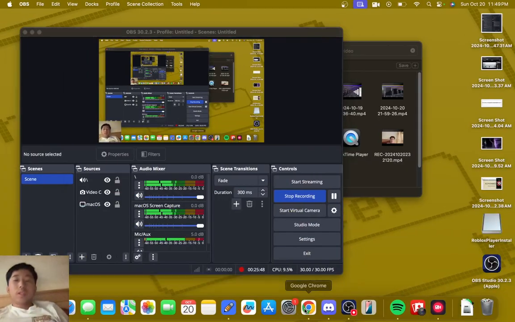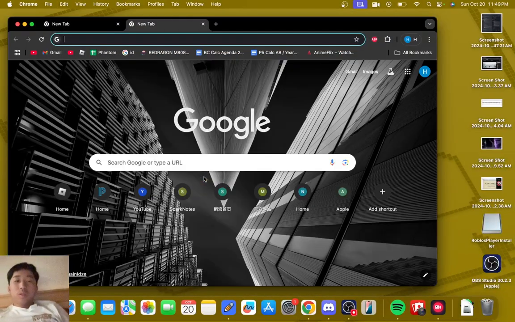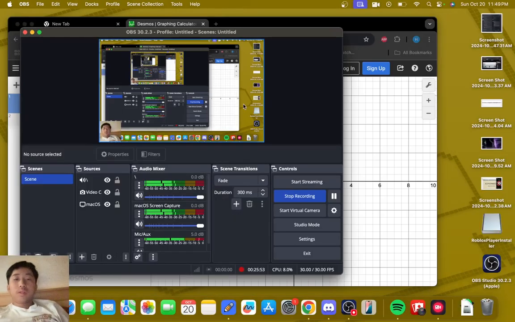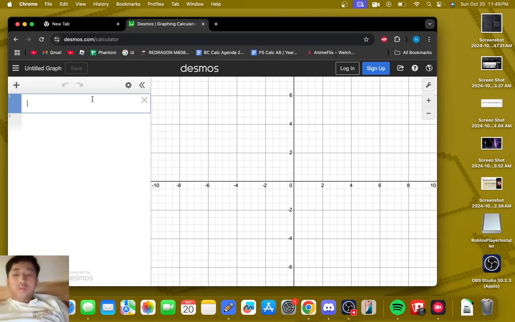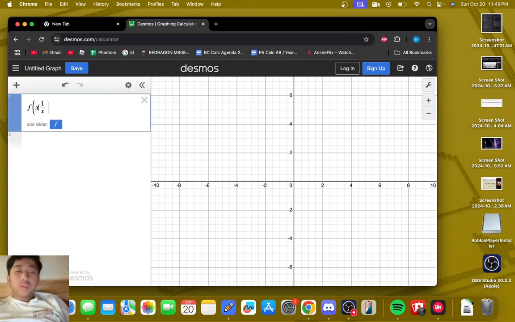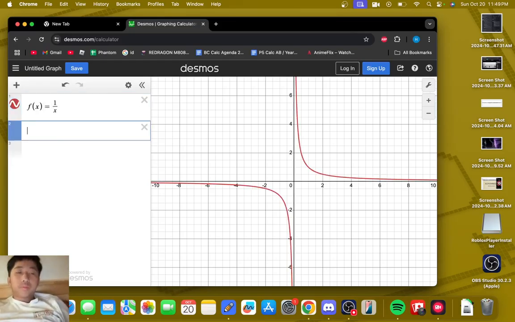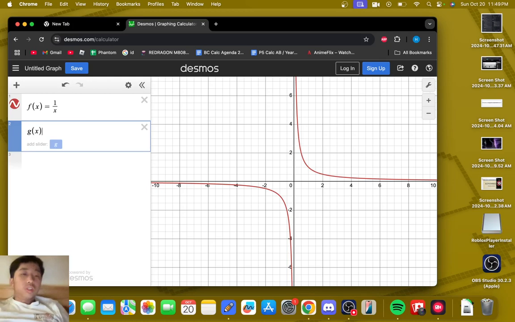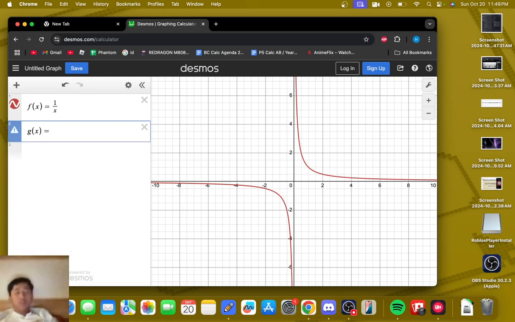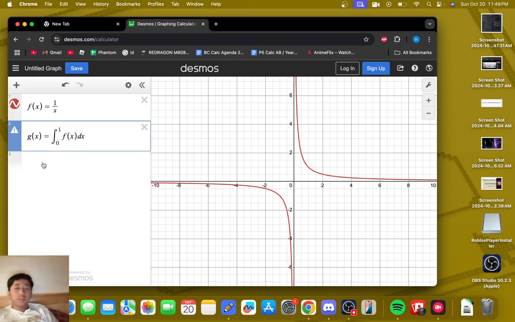In fact, let's go test this. Let's hope I'm recording right now. 1 over x. Okay, and then I write the integral from 0 to 1 of f of x dx.